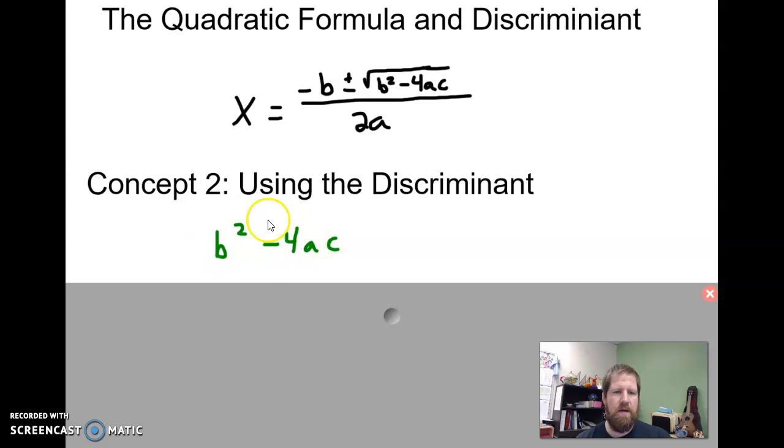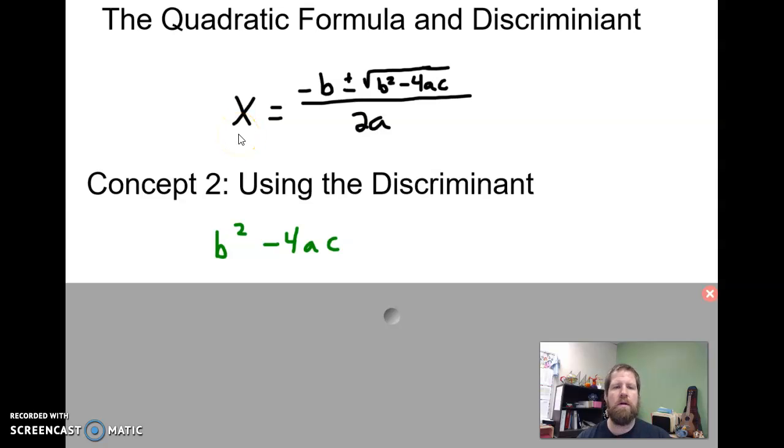What's going to happen if I take b squared minus 4ac and I get a negative? Well, it's going to be a negative inside my square root. I know that doesn't work. There's no real number for that square root. So that means that our x has no solution.